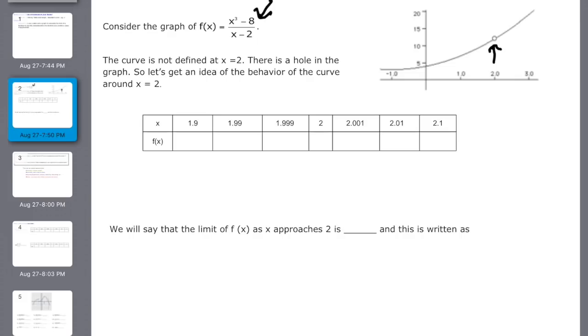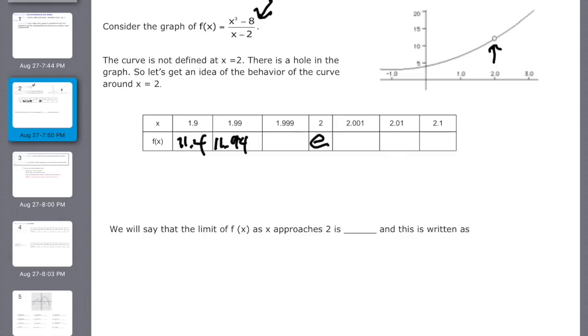Okay, so I want to look at what happens as we get really close to that value. Not necessarily at the value, because I know at 2, we have an error. We have that removable discontinuity. But as we get close, so let's say I take 1.9, which is a value close to 2, and plug it into the equation. I would get 11.4. If I got even closer at 1.99 and plugged that into the equation, I would get 11.94.